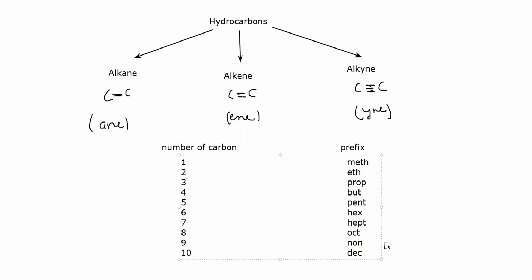So from the name, you can identify how many carbon atoms are there and what type of bonds are there. I'll give an example. Just copy this one. Then I'll give an example so you'll understand. Look how we can use this to identify.